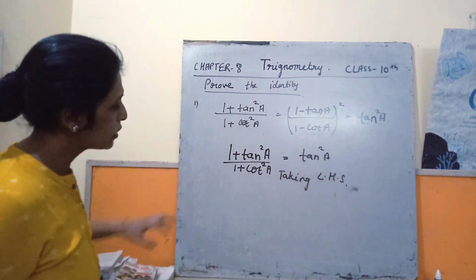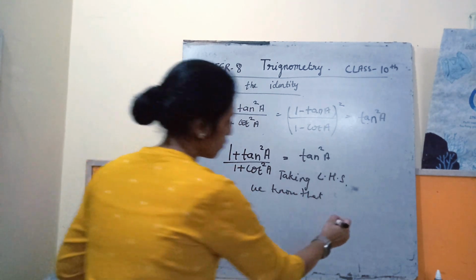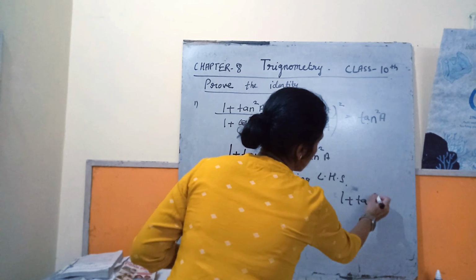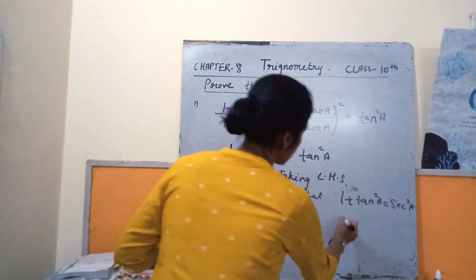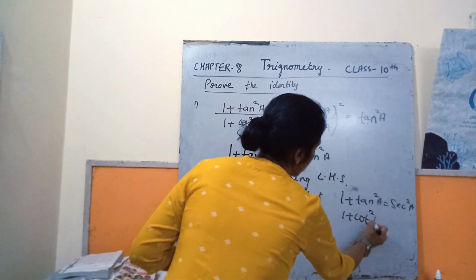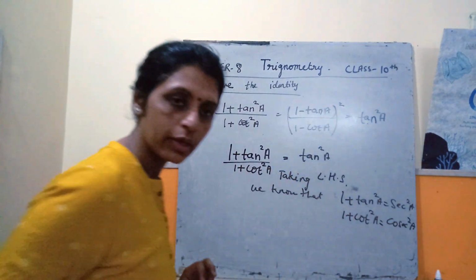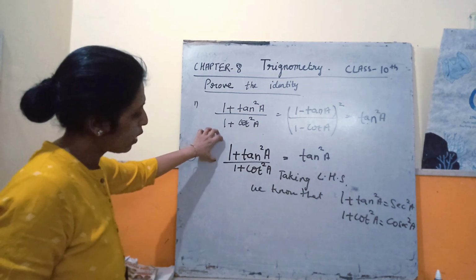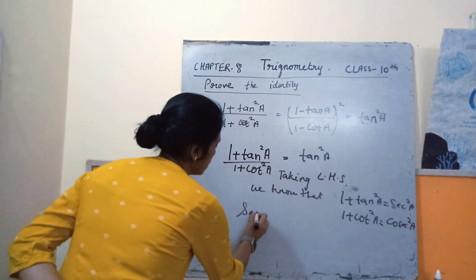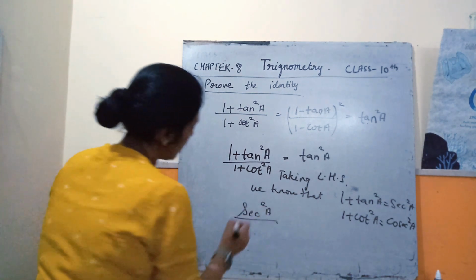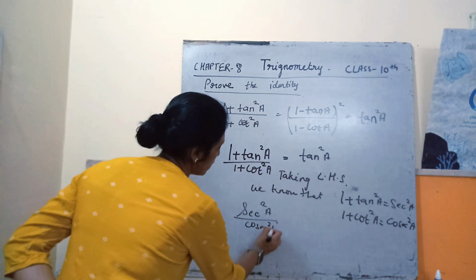So we know that 1 plus tan square A is equal to sec square A, and 1 plus cot square A is equal to cosec square A. So in place of 1 plus tan square A we can write sec square A upon, and in place of 1 plus cot square A, we can write cosec square A.